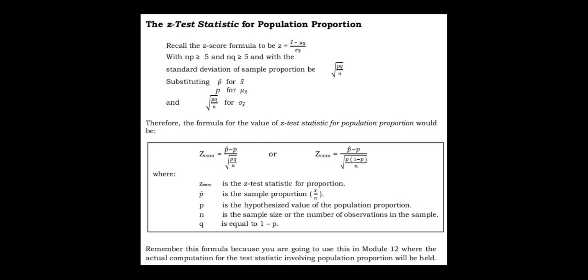Or you can use z computed value is equal to p-hat minus p over the square root of p times 1 minus p over n, where z computed is the z-test statistic for proportion, p-hat is the sample proportion or x over n, p is the hypothesized value of the population proportion, n is the sample size or the number of observations in the sample, and q is equal to 1 minus p.